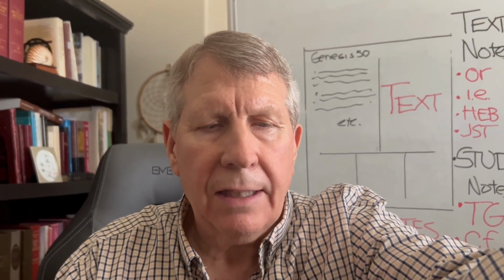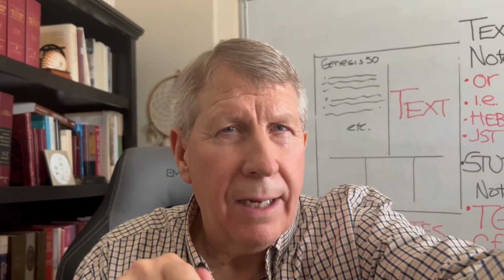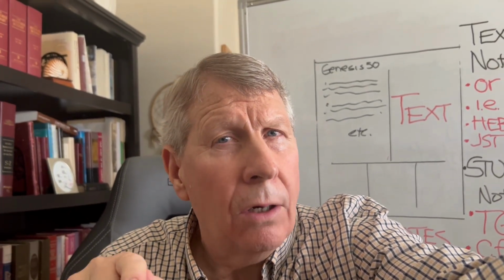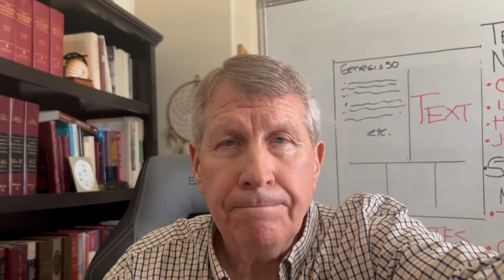Now, that's some of what I do in studying the scriptures. And I suggest that you utilize the footnotes to your advantage by discriminating between what are study notes and what are notes designed to help you understand the text immediately.